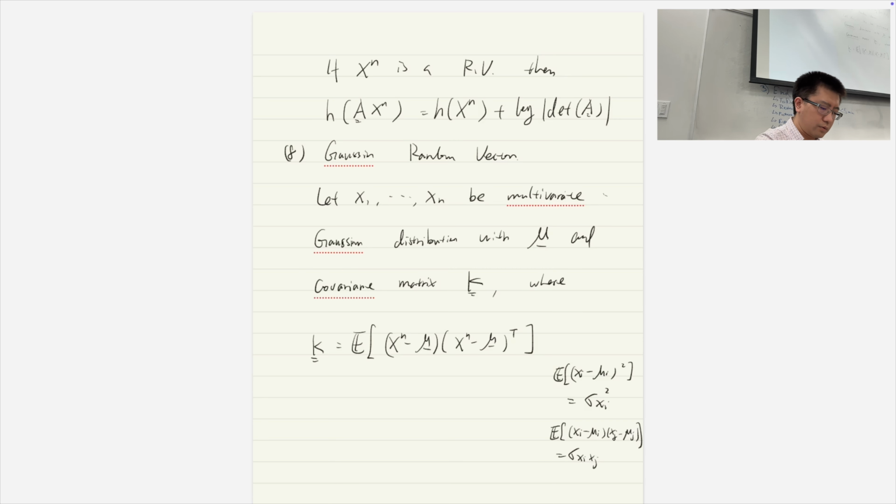Then we can write down this matrix as follows. Here is sigma x1 squared, sigma x2 squared, up to sigma xn squared, and then we have sigma x1 x2 up to sigma x1 xn.